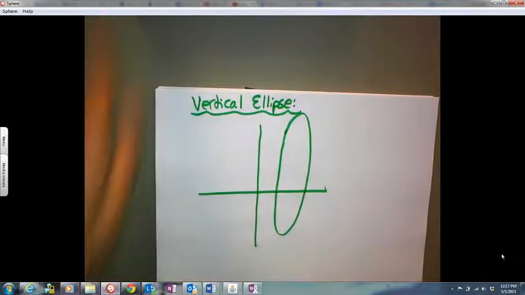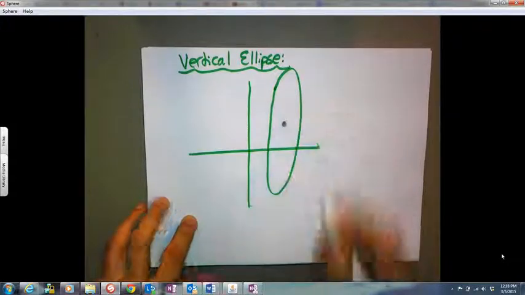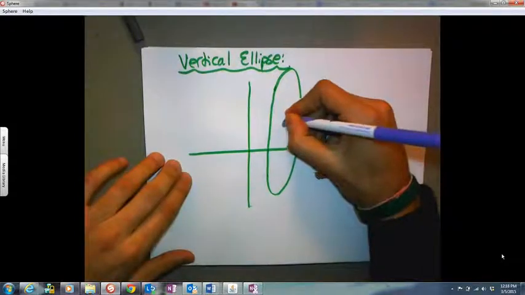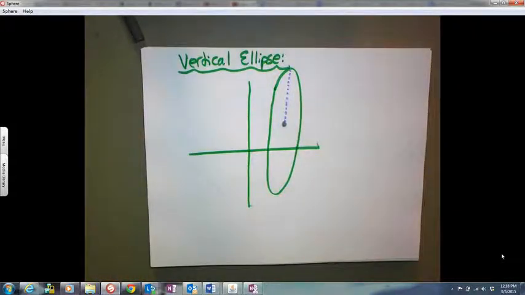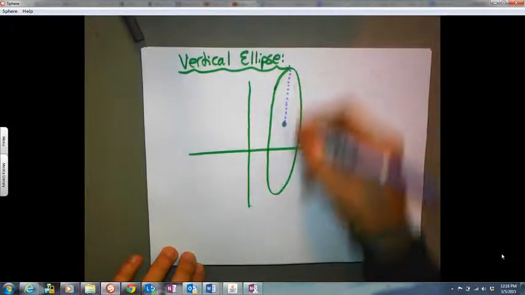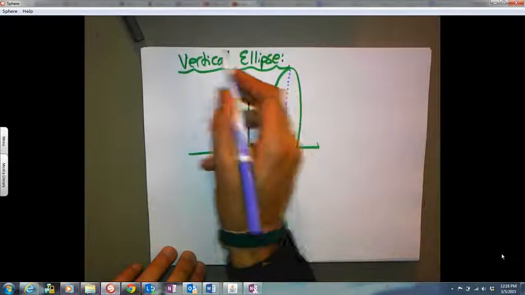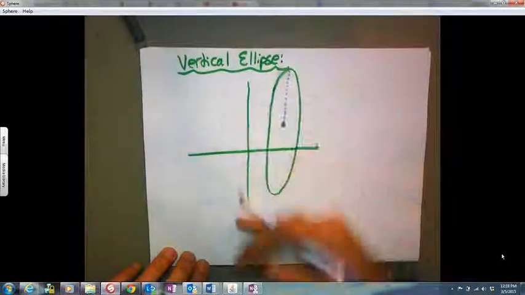We start with the center. Then we have the major radius. This time the major radius is up and down, because it is a vertical ellipse. It's stretched tallways. Then we have our 2 vertices.